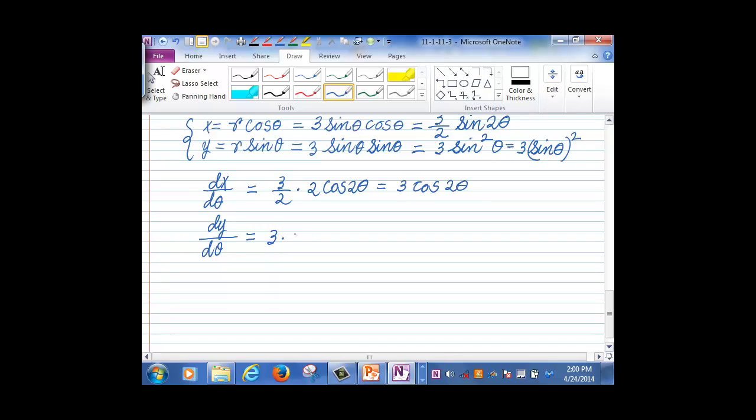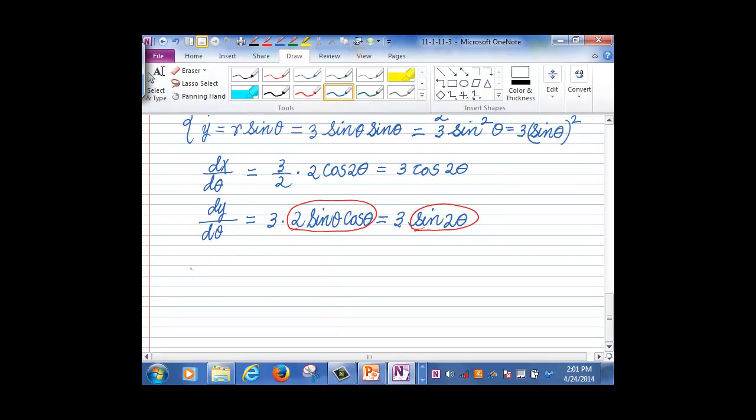So what's the derivative? 2 sine theta cosine theta. And once again, by applying the sine 2 theta formula, I can write it as 3 times sine 2 theta. Everybody's okay with that? So this quantity that I have here, 2 sine theta cosine theta, that's the same as the quantity sine 2 theta.